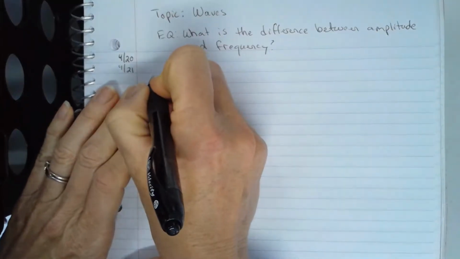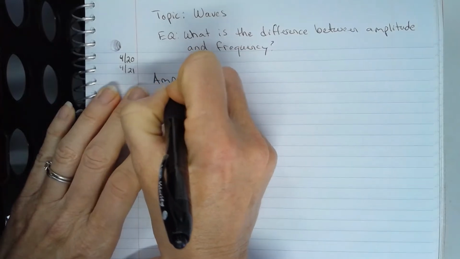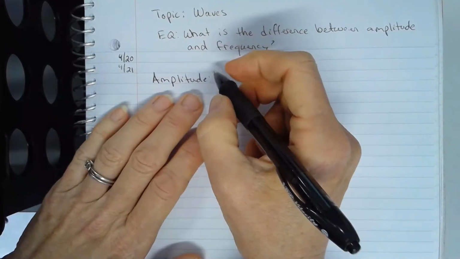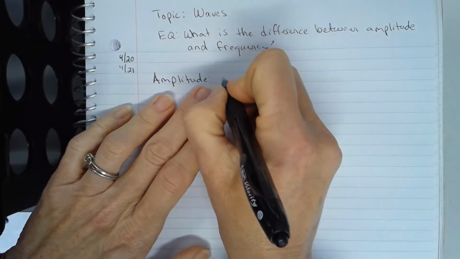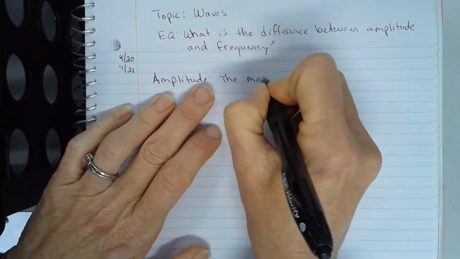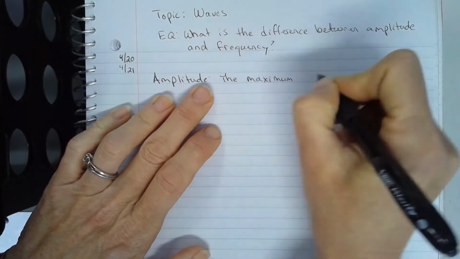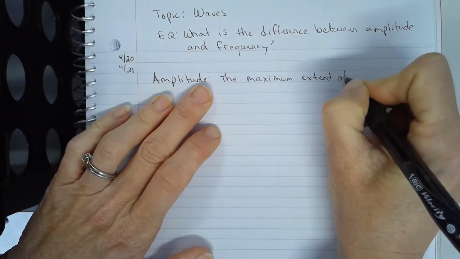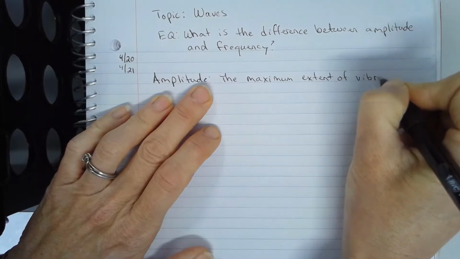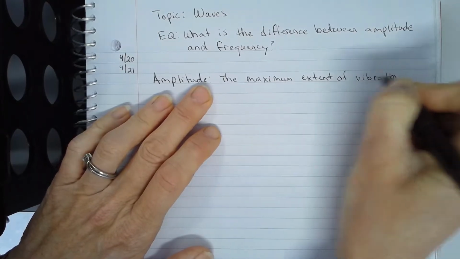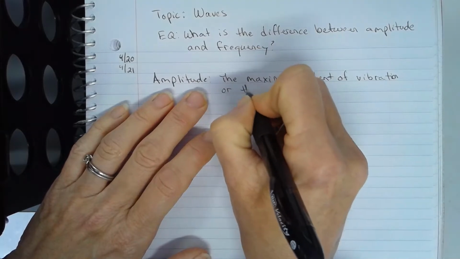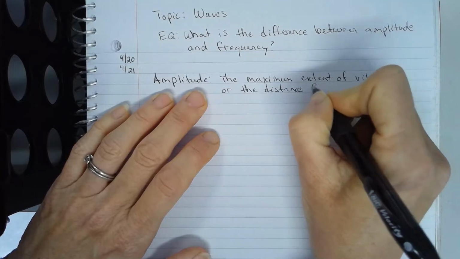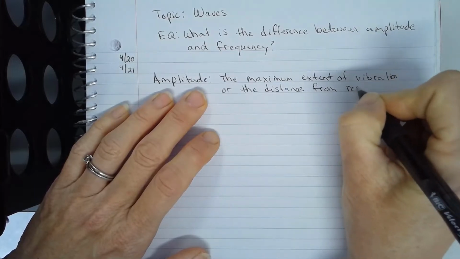So let's start with amplitude. Let's give it a definition. Amplitude, and I'm going to give the definition that we used in the notes, is the maximum extent of vibration or the distance from resting point.